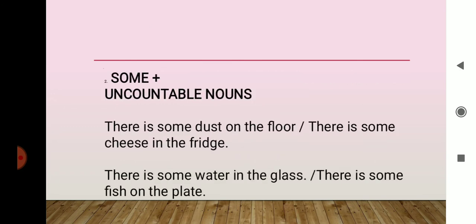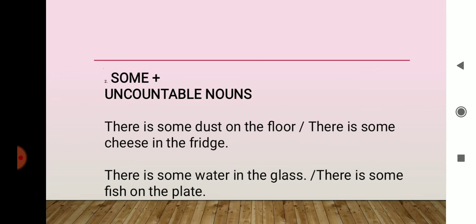Whenever we use some with uncountable nouns, that means a little. There is some dust on the floor. There is some cheese in the fridge. The meaning of these sentences is there is a little dust on the floor.